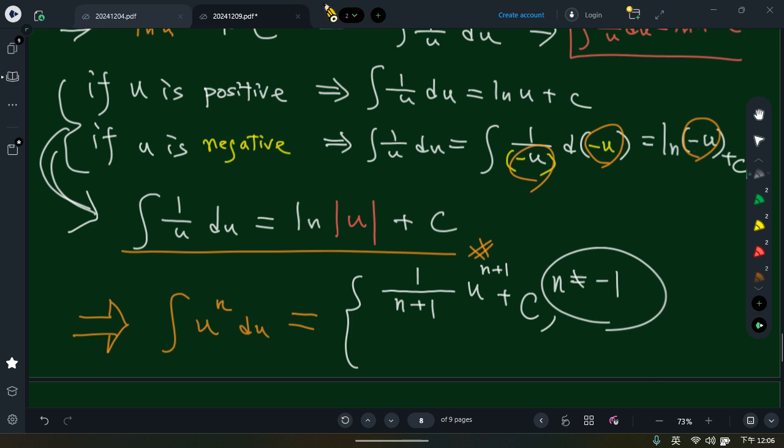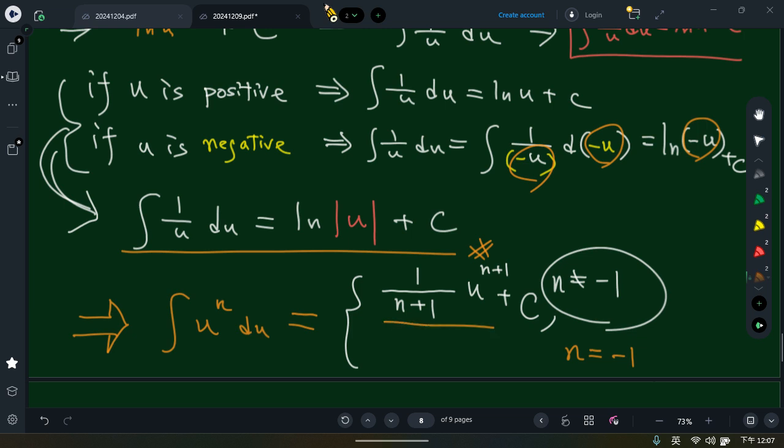Because in the past, when we wanted to integrate u to the power of n, we just ignored n equal to negative 1. That means if n is not equal to negative 1, we can have this result, right?